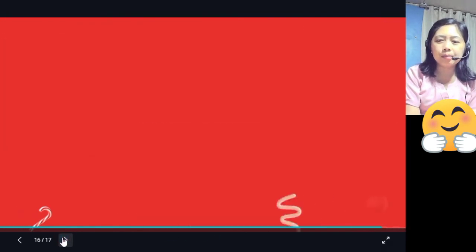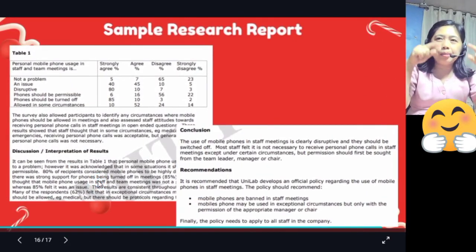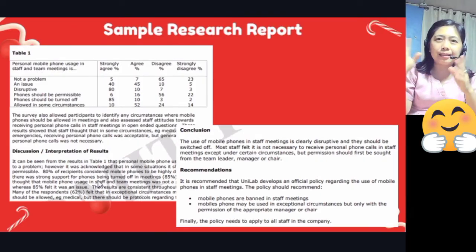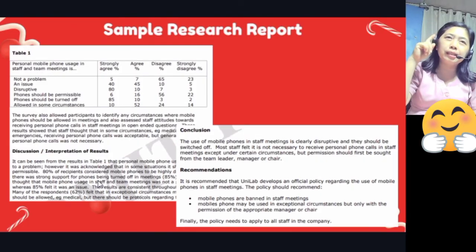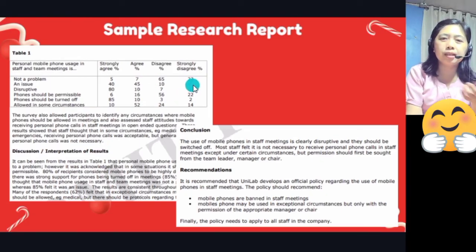Ang uban mo prefer sila og graph kay mas dali makita, labi na ang bar graph o line graph, kay ma-compare nimo ang differences, kung daghan ang nag-agree o daghan ang strongly disagree. Okay, kani kay tables man ang gigamit. Then i-discuss nimo ang interpretations according sa imong result based on table 1 here.